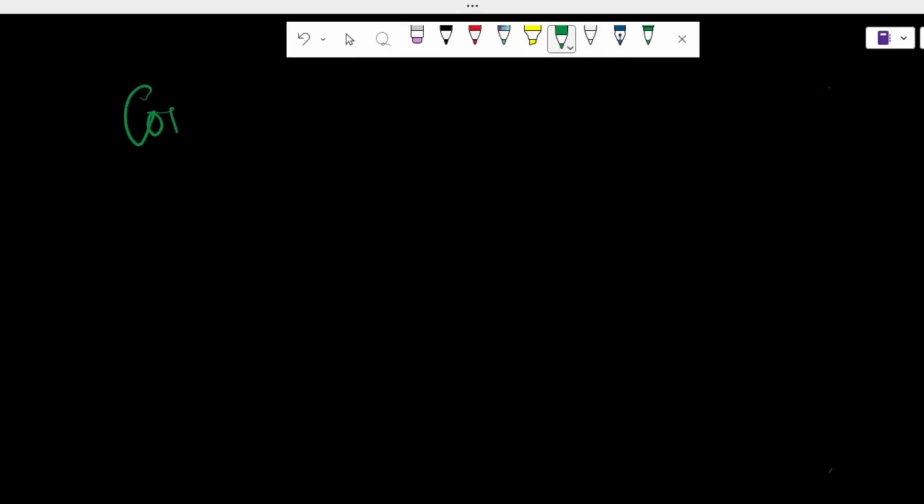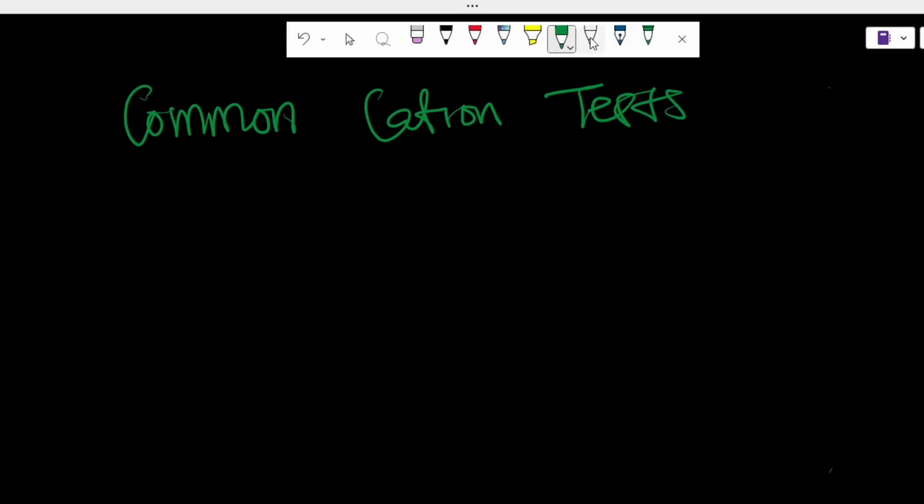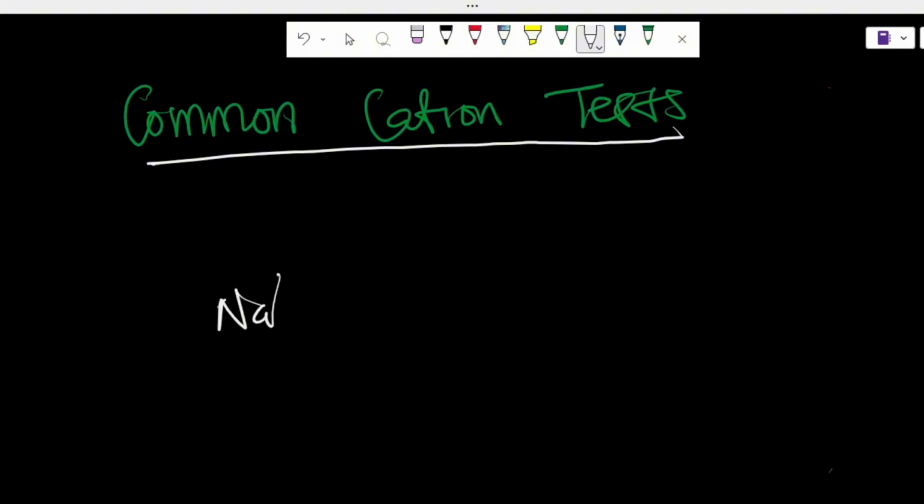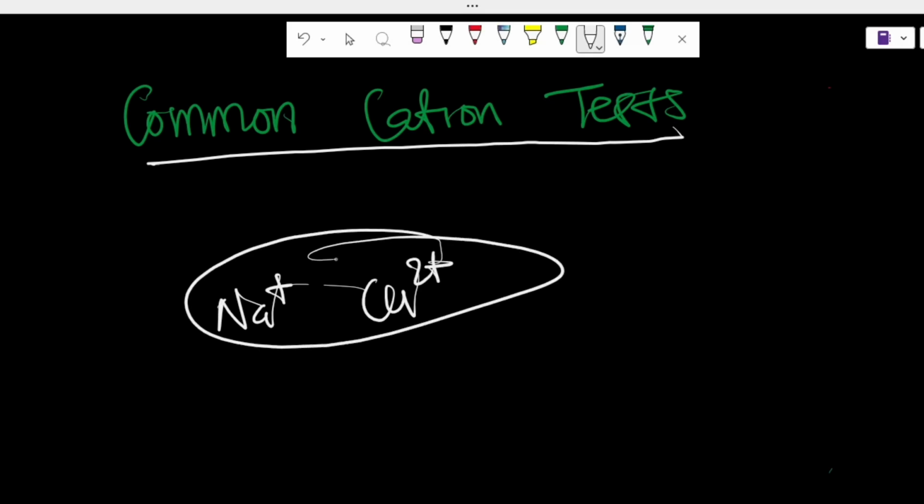So we have common cation tests. And remember that the cations are positively charged ions like sodium ion or copper 2 ion. These are cations.